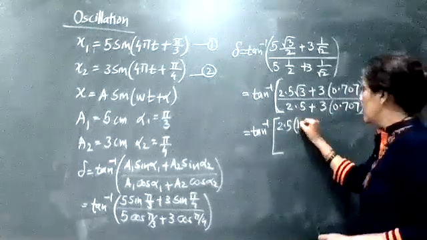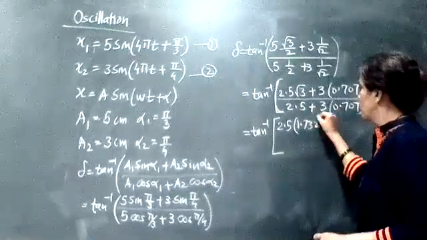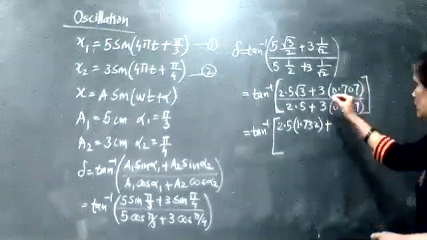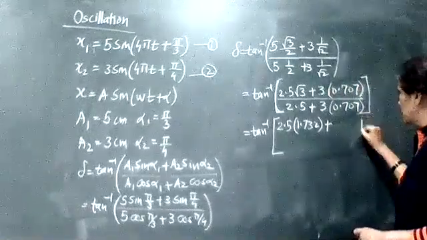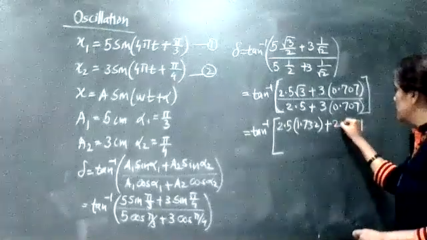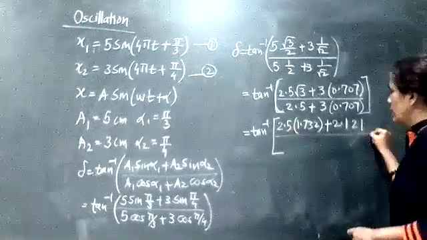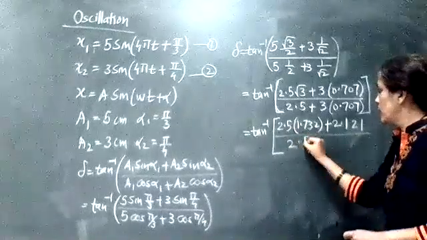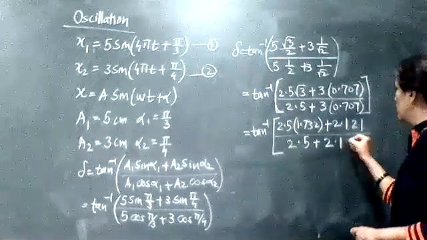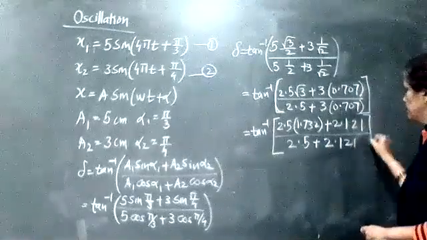Root 3 is 1.732. Plus this 3 I can multiply here by 0.707. 3 7s are 21, 2 carry, so 2 I write here. Again 3 7s are 21. Divided by here 2.5, again their product is same, so 2.121.